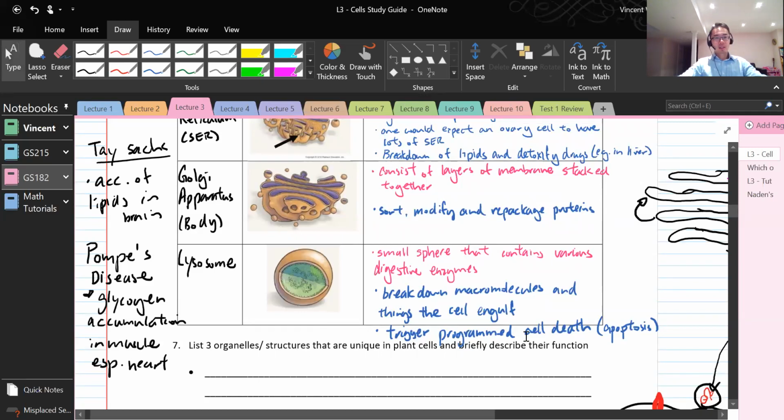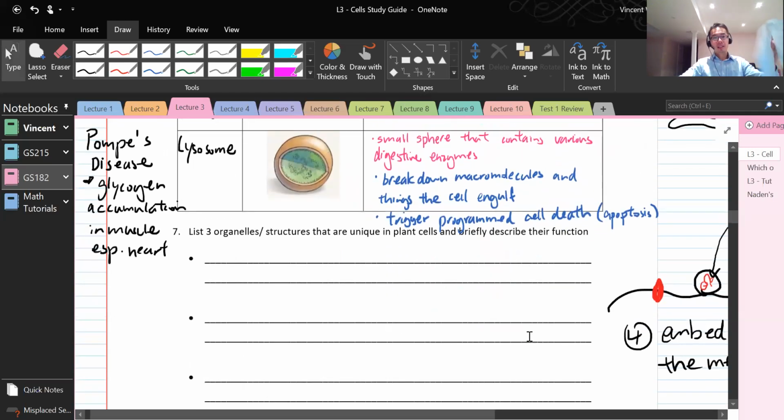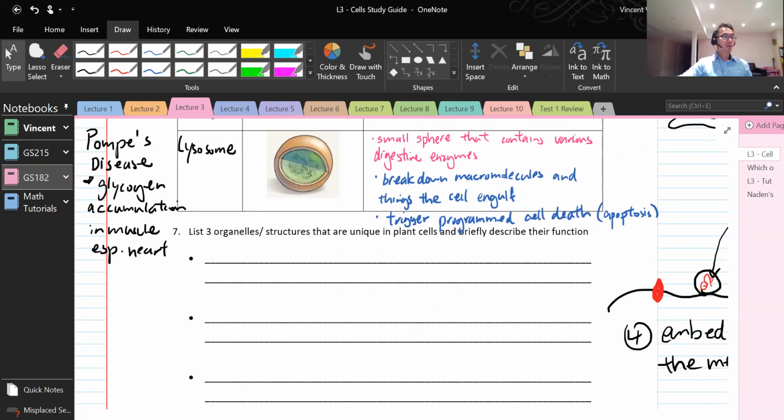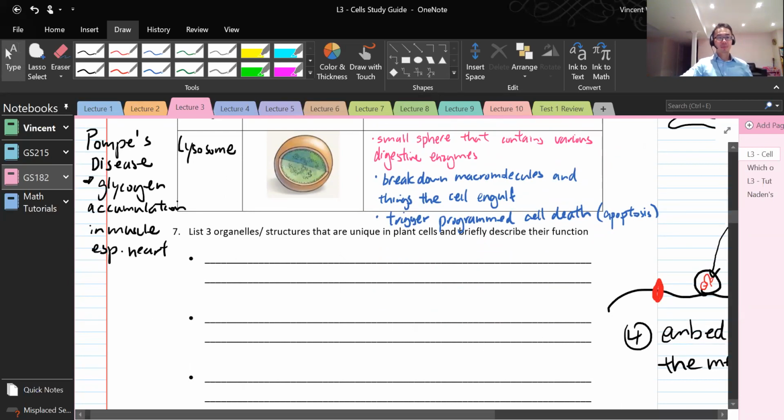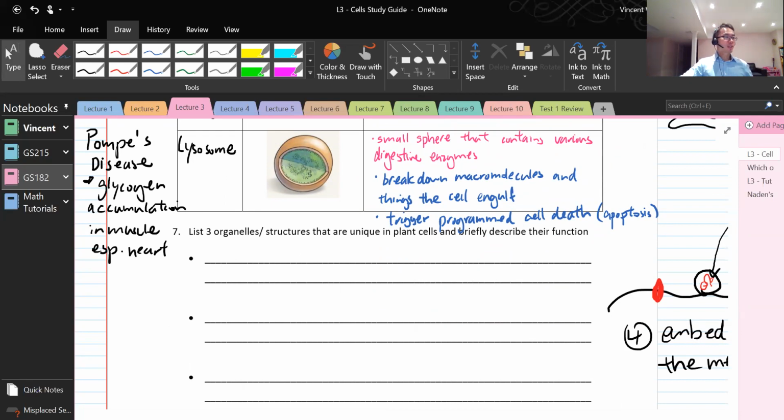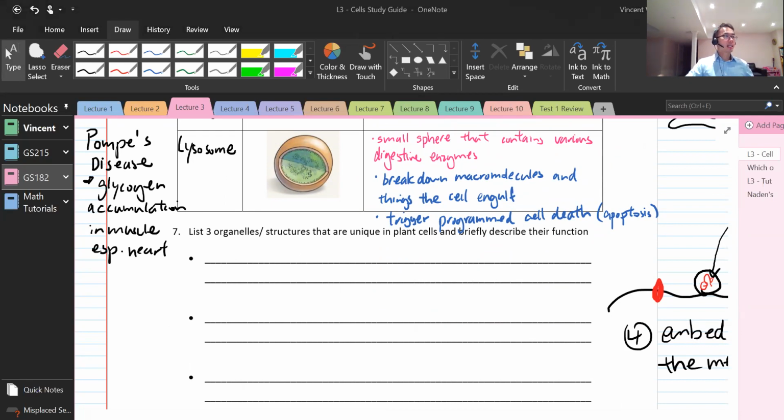Okay, moving on. List three organelles or structures that are unique to plant cells. I actually meant to change this question because it's a little bit misleading.